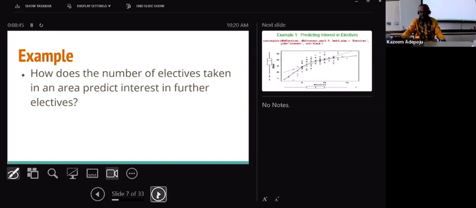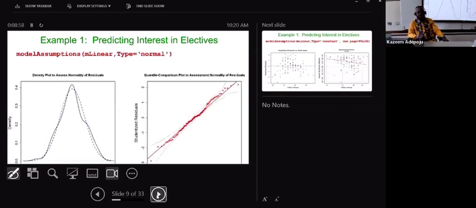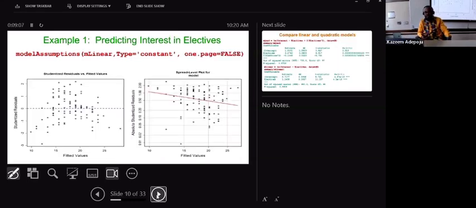Now, if I want to do that, I generate a scatter plot between interest and electives. And I'm seeing something that doesn't look like a straight line. I look at the plot and I'm seeing violations of normality, and I look at some other things as well.